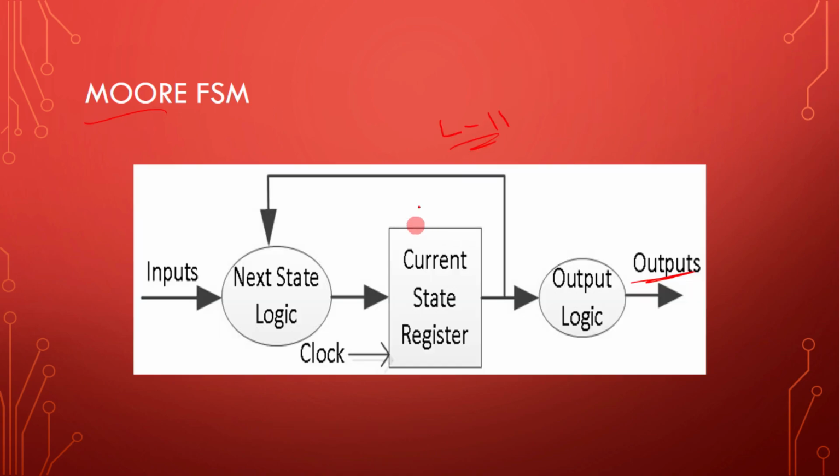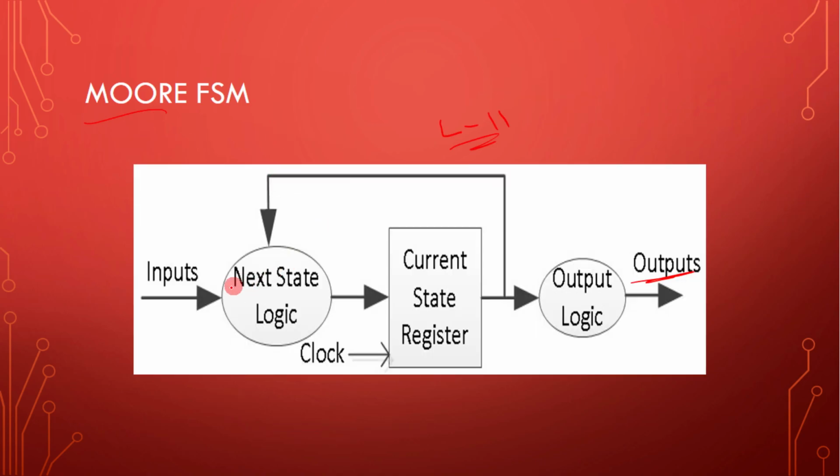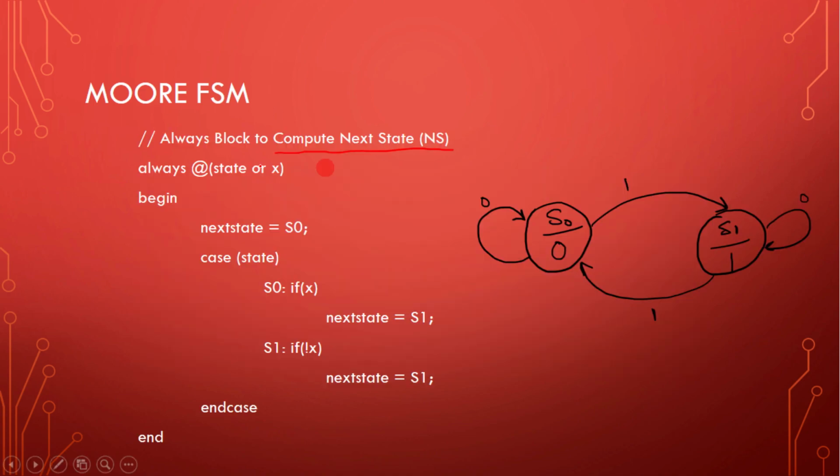Now this is implemented. Come to the next state combinational logic. This is implemented with the second cyclic behavior, which has in its sensitivity list two variables, state and input. As is clear from this diagram, this next state combinational logic requires the present state and your input. So whenever your sequential machine changes its state or receives an input, this always block will be executed.